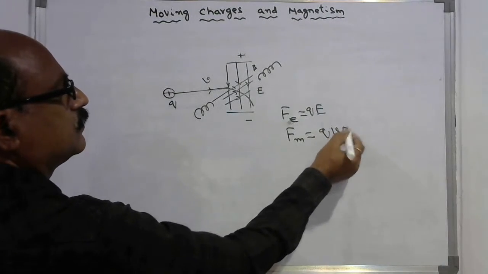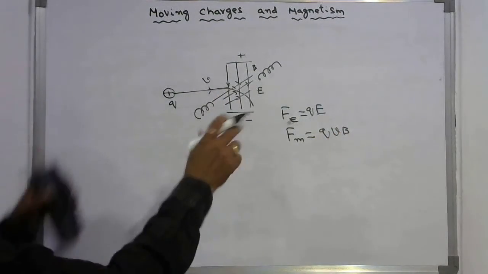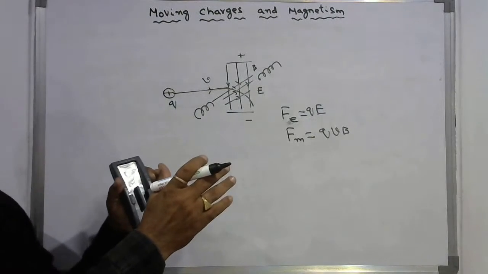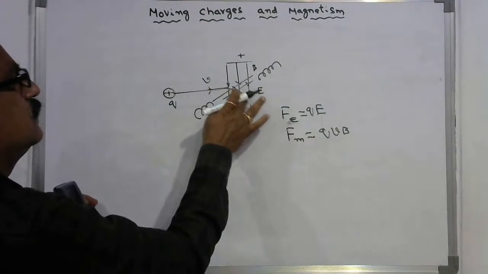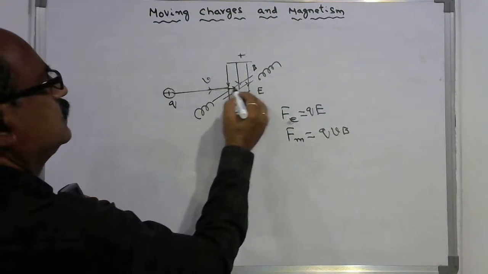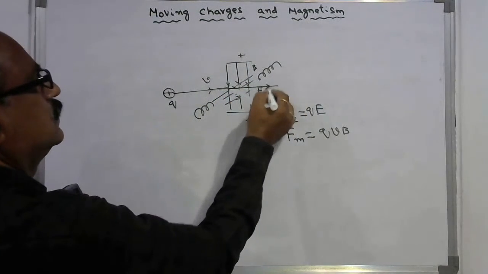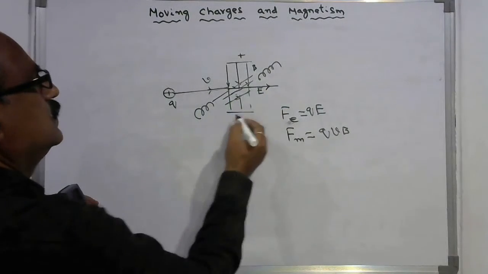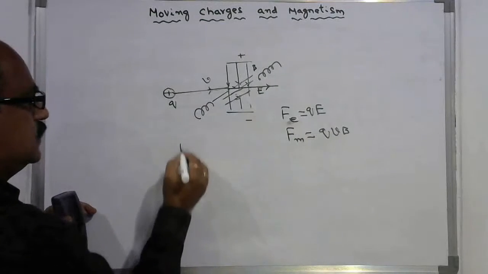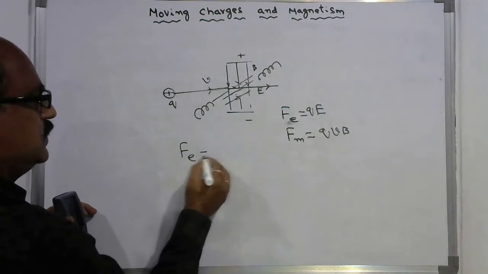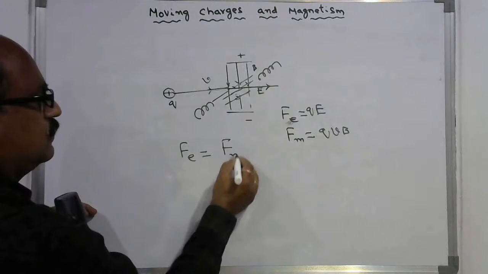QVB. And I made the two fields in such a way that the charge is undeflected and goes straight. That means what is the condition? Under these circumstances, I made Fe equal to Fm.